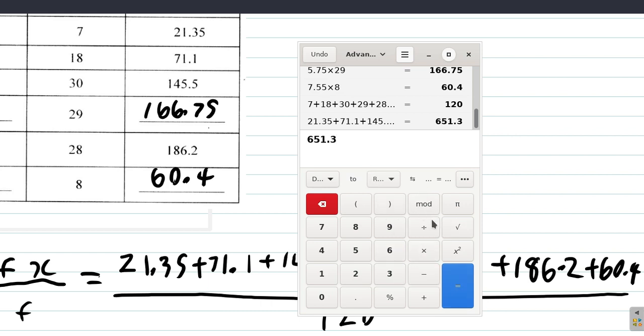And then 651.3 divided by 120 gives us 5.428. Let's round it off to 5.428. You could write to 3 decimal places if you want.